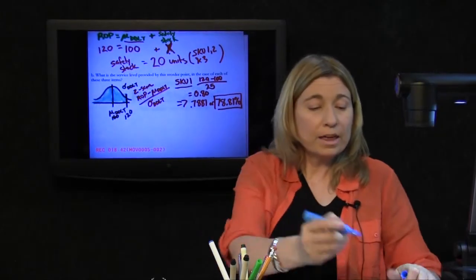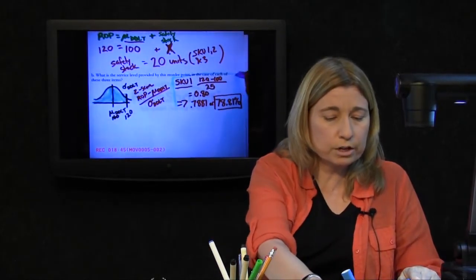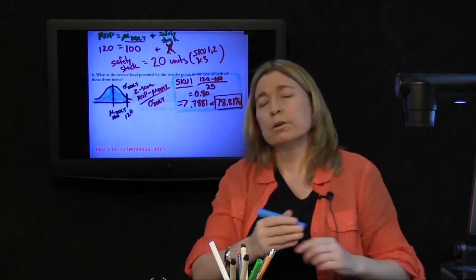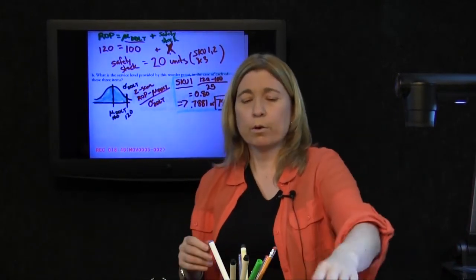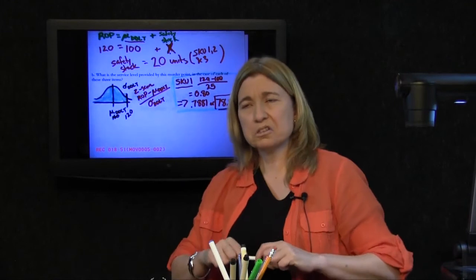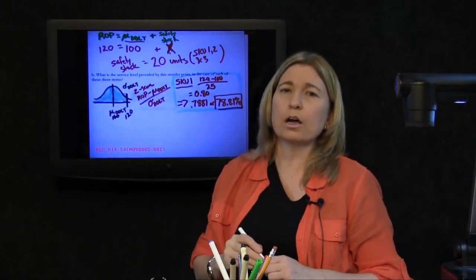All right, now that's the service level for the first stock keeping unit. You reorder at 120 for SKU1, and 79% of the time you do have enough.